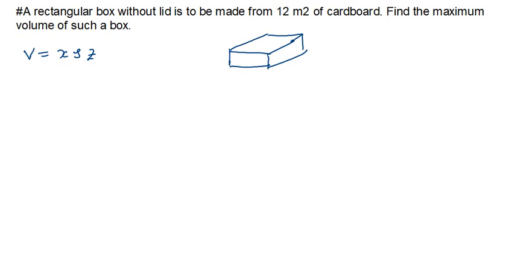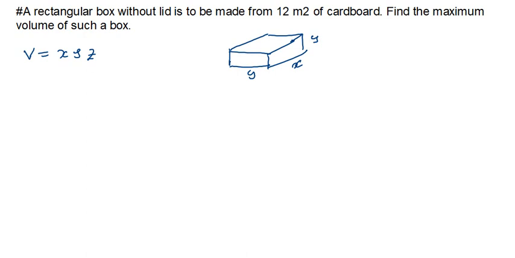I'll say this is my x, this is my y, and that's my z. If the box was closed on the top, you would have sides that are equal, this side equal to the other one, then the top one equal to the bottom one there.